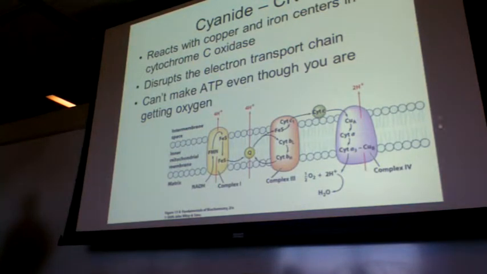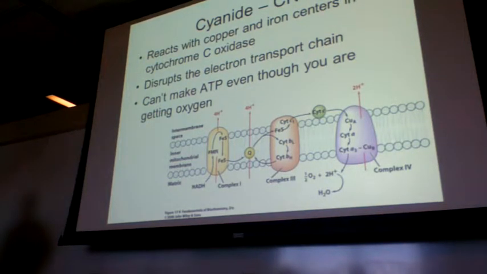It affects cytochrome c oxidase, which is this one right here, and it's the final step of that electron transport chain. What happens is that cyanide gets in there and coordinates some of these copper and iron centers, which are necessary to pass electrons through the transport chain. So if you've got this foreign thing that is messing up your iron centers, then you can't pass electrons.